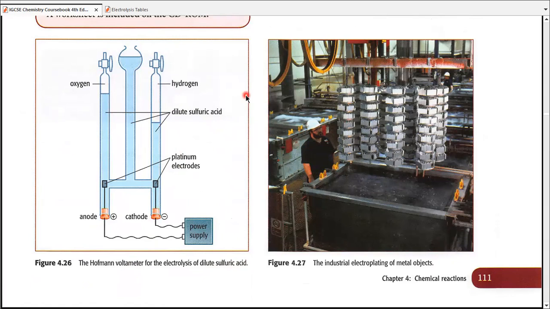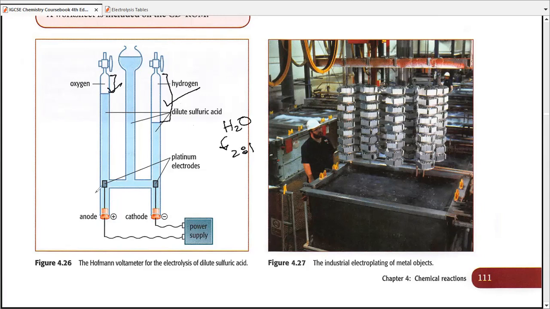What's noticeable and has been a part of past papers is that you are going to see the volume of hydrogen is double that of oxygen. That's because the formula of water contains 2 atoms of hydrogen, which will give you more hydrogen than oxygen. So the 2:1 ratio withstands in their volume as well.